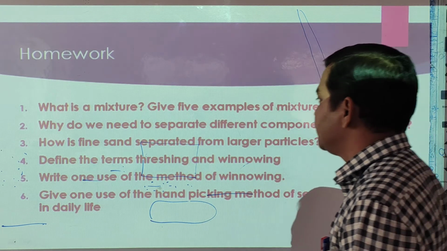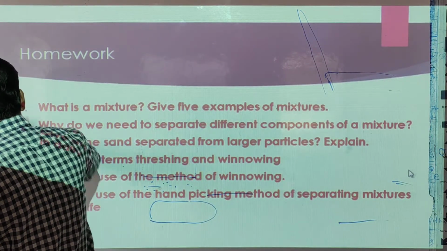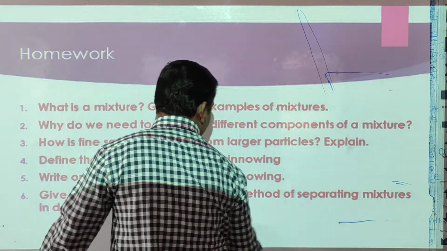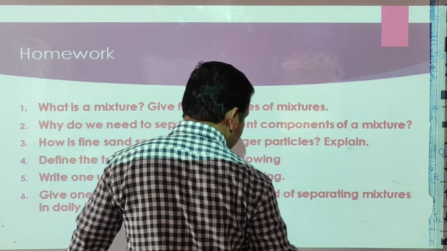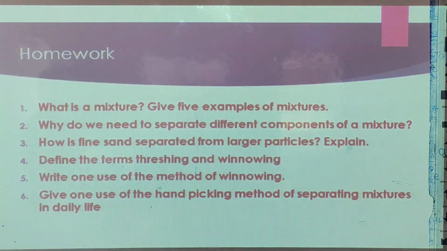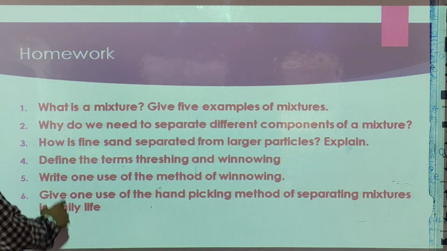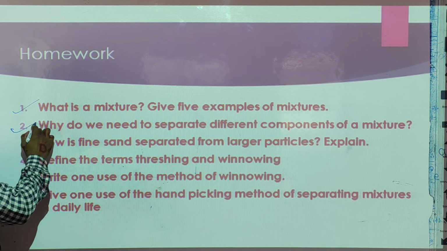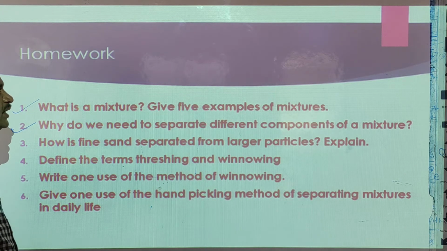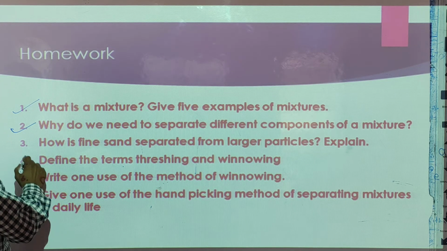next is your homework. Now today's homework, students, is what? There are some questions. You have to write the answers to these questions in your notebook with good handwriting. First question, what is a mixture? Give 5 examples of mixtures. Why do we need to separate different components of a mixture?